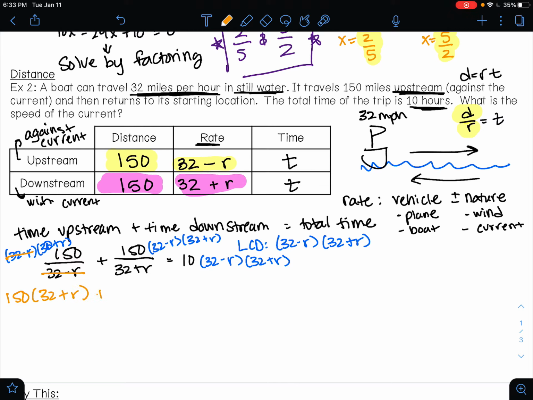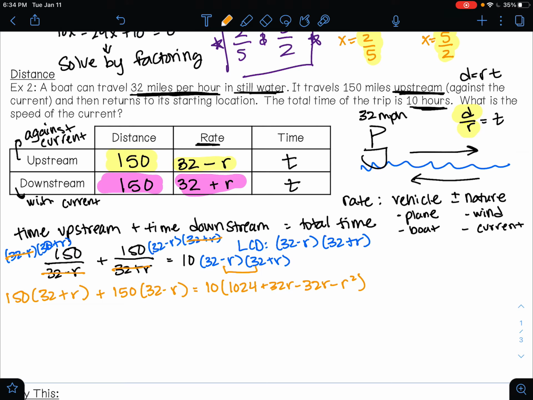For my next term, 32 plus r eliminates with 32 plus r, and that's going to leave me with 150 times 32 minus r. Equals 10, and then I can multiply this out, so I will have 32 times 32, which is 1024, and then plus 32r minus 32r minus r squared.